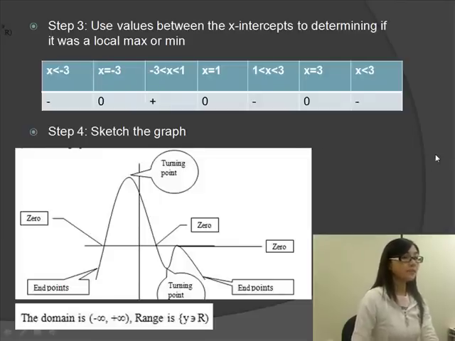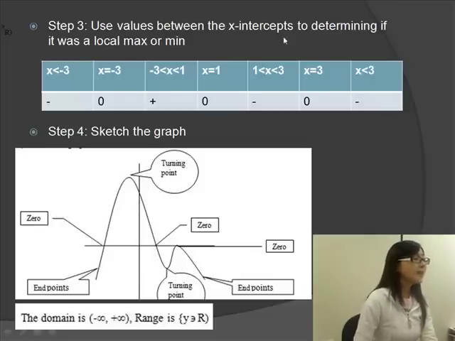What we have to do now is use the values that we have just determined, that was -3, 1, and 3, and write them in a table. We want to know where in the graph it is negative and where in the graph it has a positive y value. We see that when x is less than negative 3, the graph has a negative value. When x is equal to negative 3, the graph is at 0.